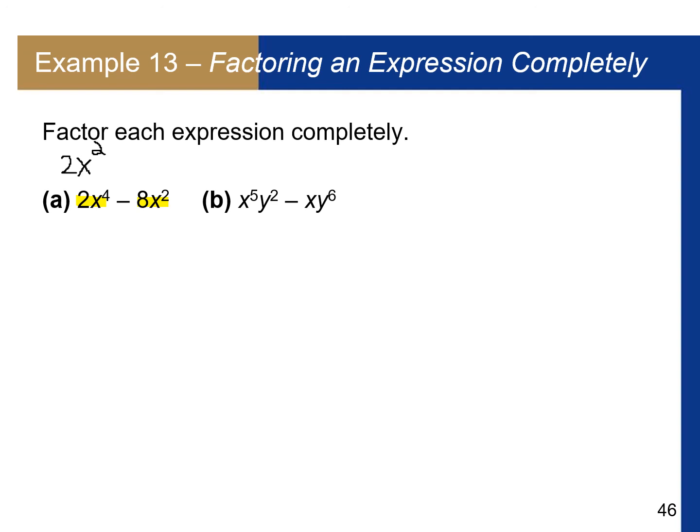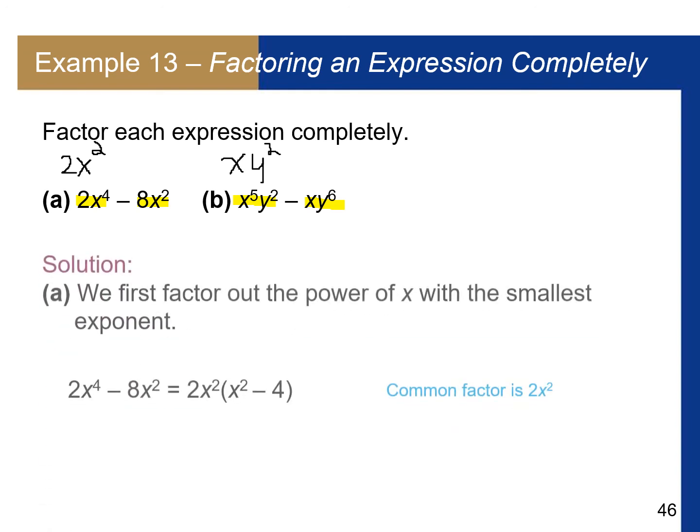So when I do that, well, before I move forward, let's look at the second one since it's right here. The second one, do I have something that's the same in both? I do. I have at least one x, and I have 2 y's.